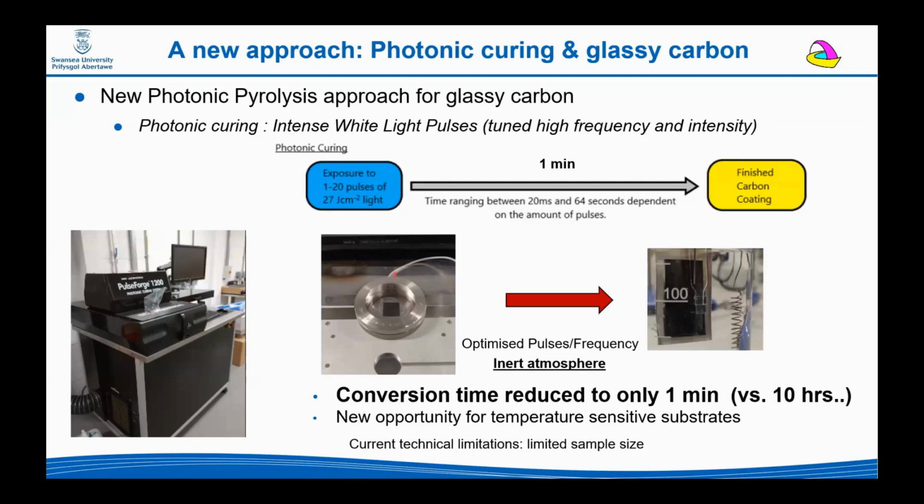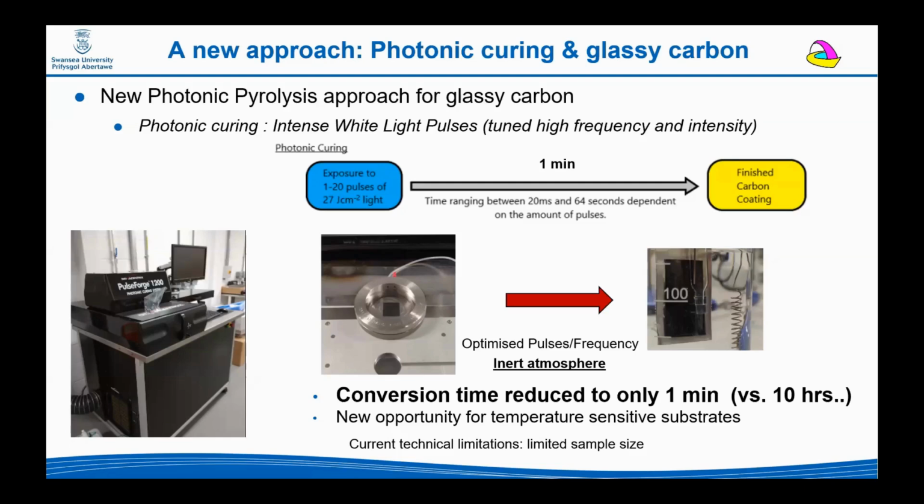And through extensive work, you can see in the articles, different options, we were able to reduce the time required for converting this thin layer of phenolic resins into glassy carbon from the thermal transformation of 10 hours to less than 1 minute. That's the power of radiation.